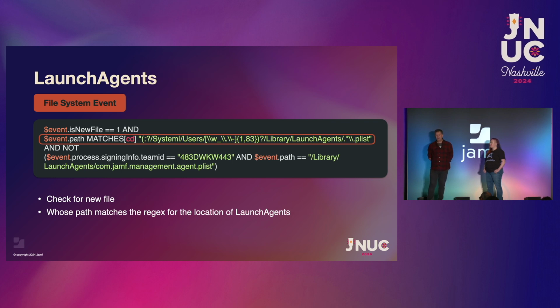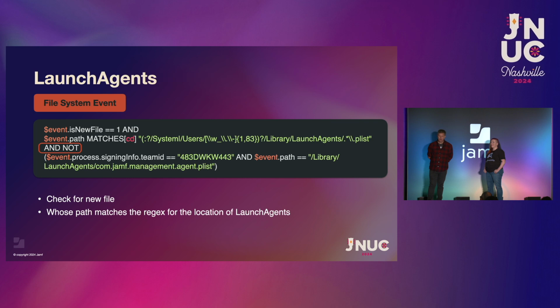And also, the launch agent can have numerous naming conventions, okay? So this is where the regex comes into play, where you can create a regex pattern to match all those locations and all the potential file names that launch agents can have, okay? So that would check for any new launch agents.